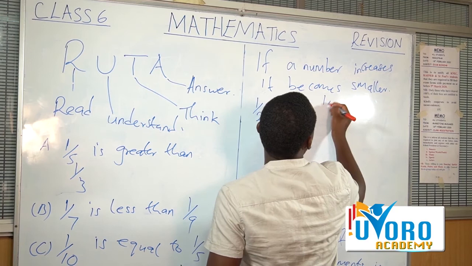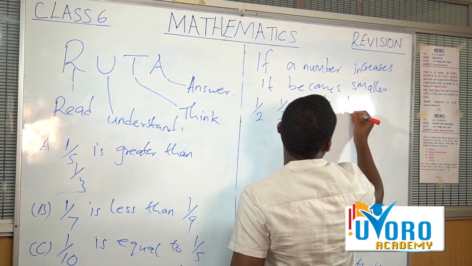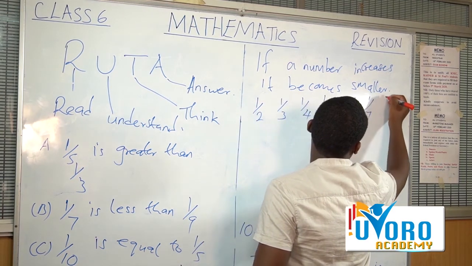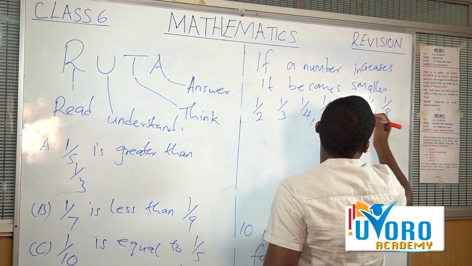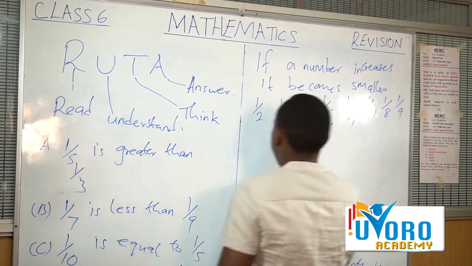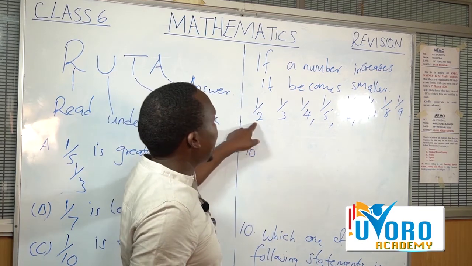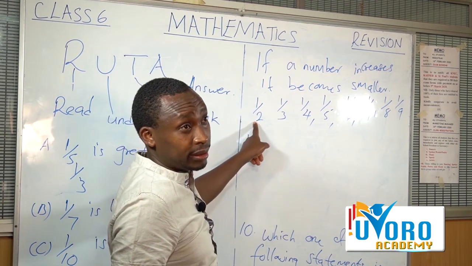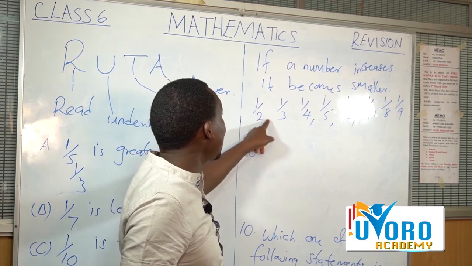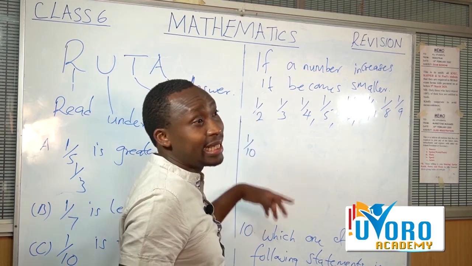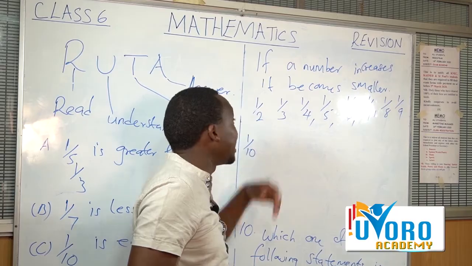The other one is a fifth, a sixth, a seventh, an eighth, ninth, and the 10th. This is the greatest one. The one that is having the smallest number below is the greatest one.